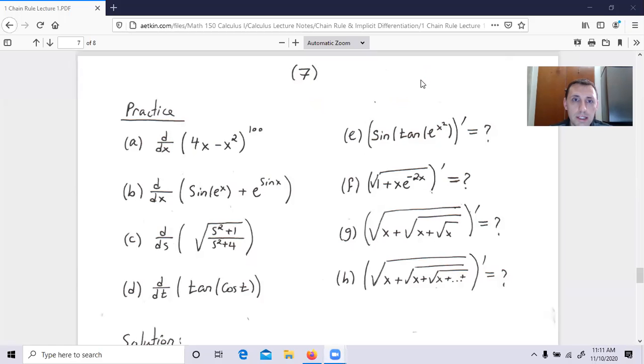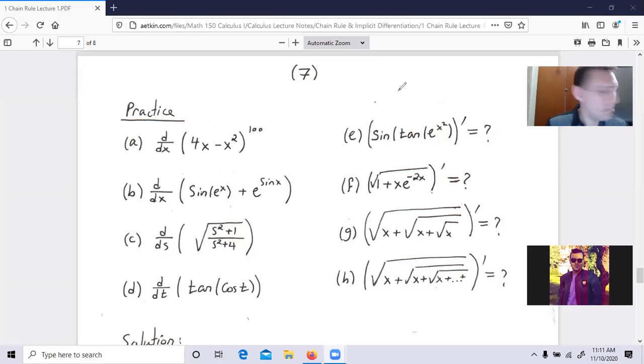So the answer is, good, 100. You see, it's one polynomial that has eaten another polynomial.